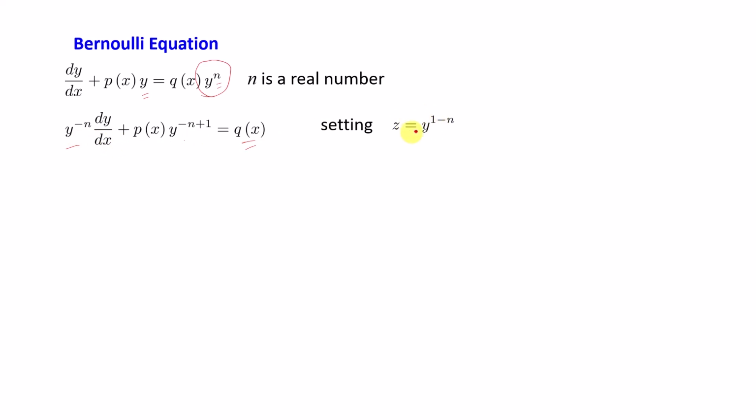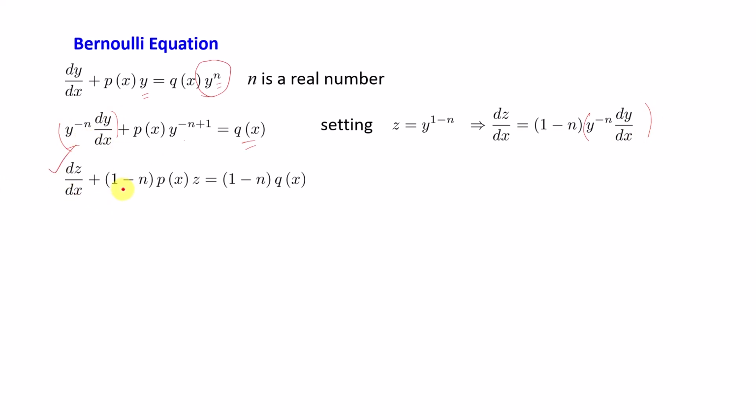To do so, we start with setting y to the power 1 minus n equal to z. So it gives us dz/dx is 1 minus n times y to the power minus n dy/dx. Now I can replace this y to the power minus n dy/dx over here, and as I do, I get an equation like this.